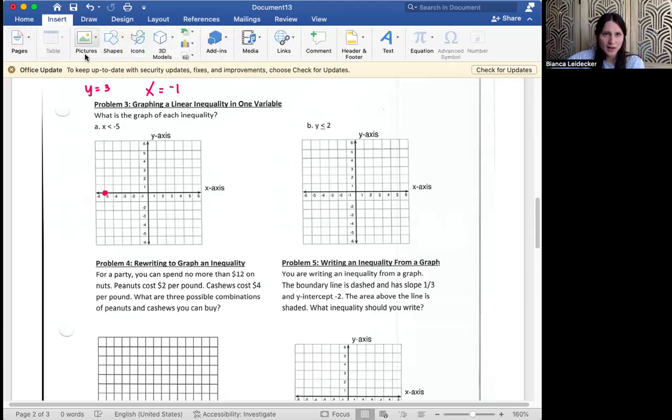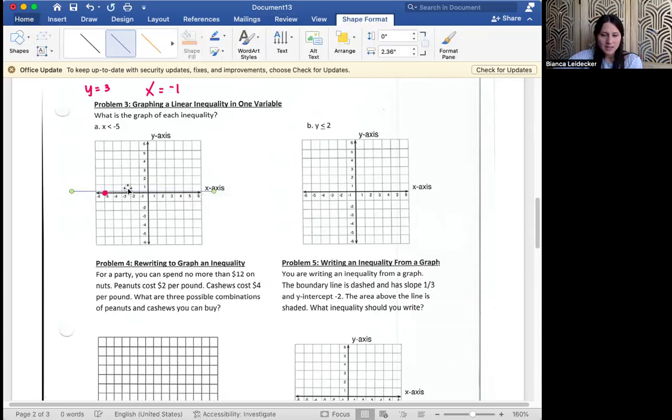So the next thing you're going to ask yourself is, is my line going to be vertical or horizontal? Now, notice if it's horizontal, it's not just going through -5, right? That's going through every single point on my x-axis. So if I have x equals -5, that means it is intersecting at -5 on the x-axis.